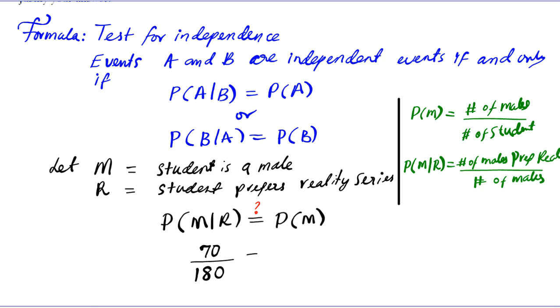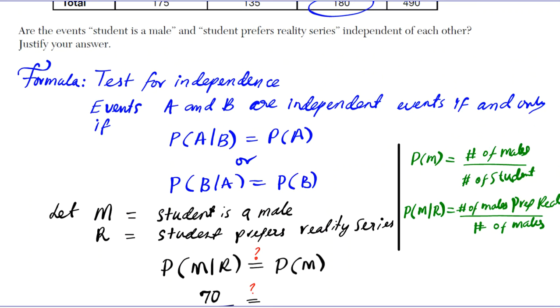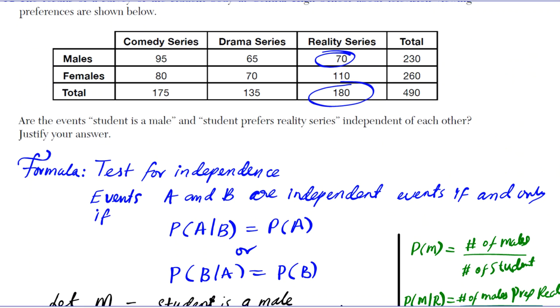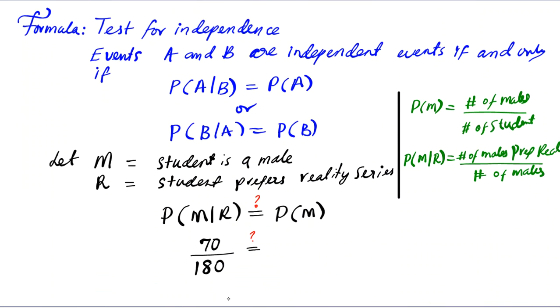The question is, is this equal to the probability of male, which is the total number of males, 230, divided by the total number of students, which is 490? The probability that a student is male is 230, the number of males, divided by the total number of students, 490.